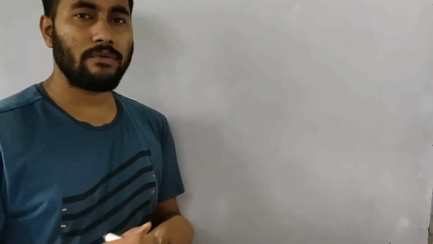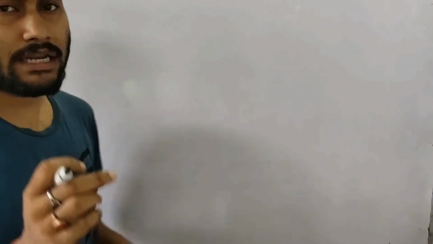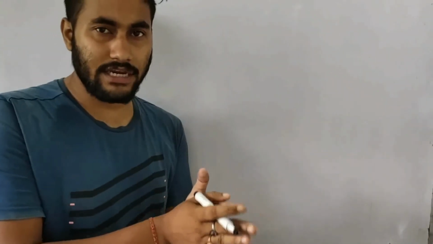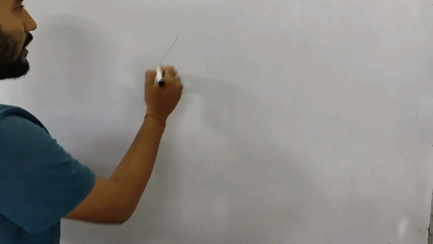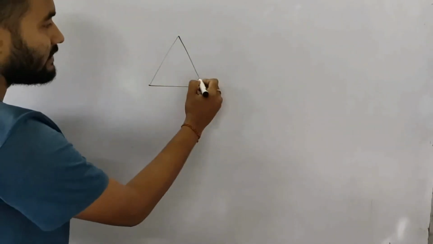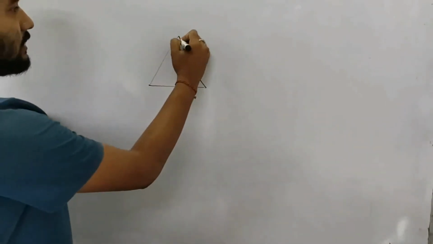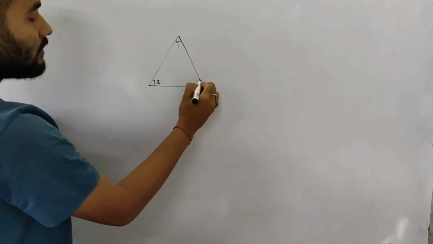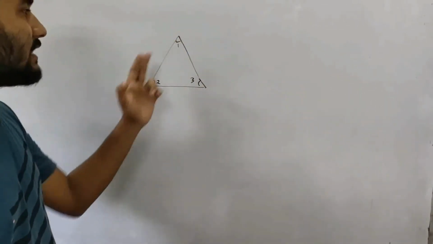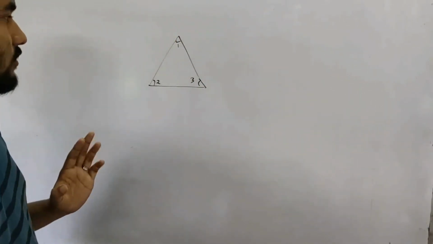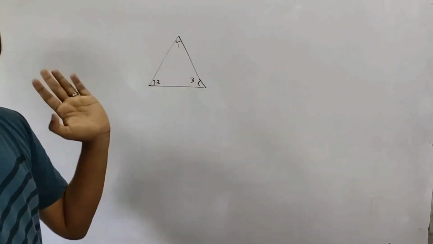Now what we will learn? Two properties. One property I already said in the last class, and I said that this property remains in the third exercise. But already we have discussed that in a triangle there are three sides and three angles. One angle, second angle, third angle, okay?